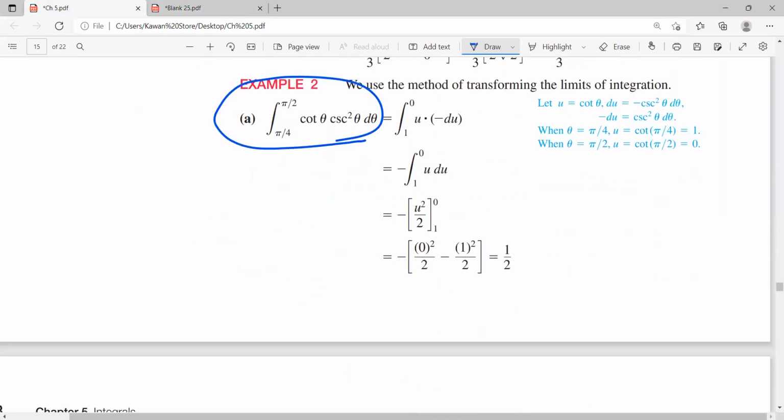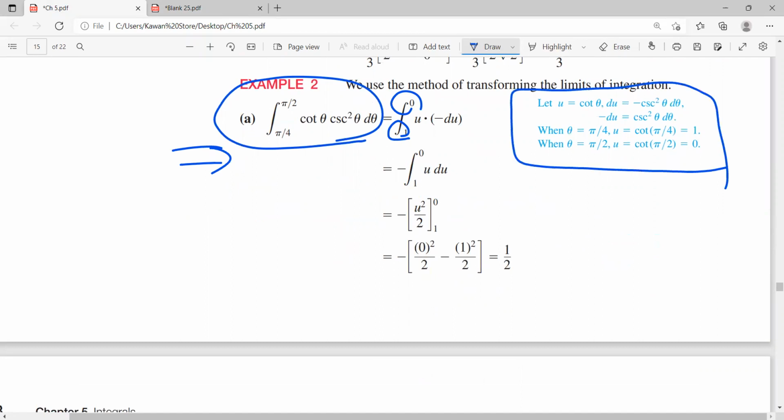You can see he changed to u and changed the boundaries. During the study you can see it, but we don't care about that rule, okay? He used u and du. I used the direct method. Up to you. If you follow that one, you know how to change the limits, pi over 4 to 1 and pi over 2 to 0.